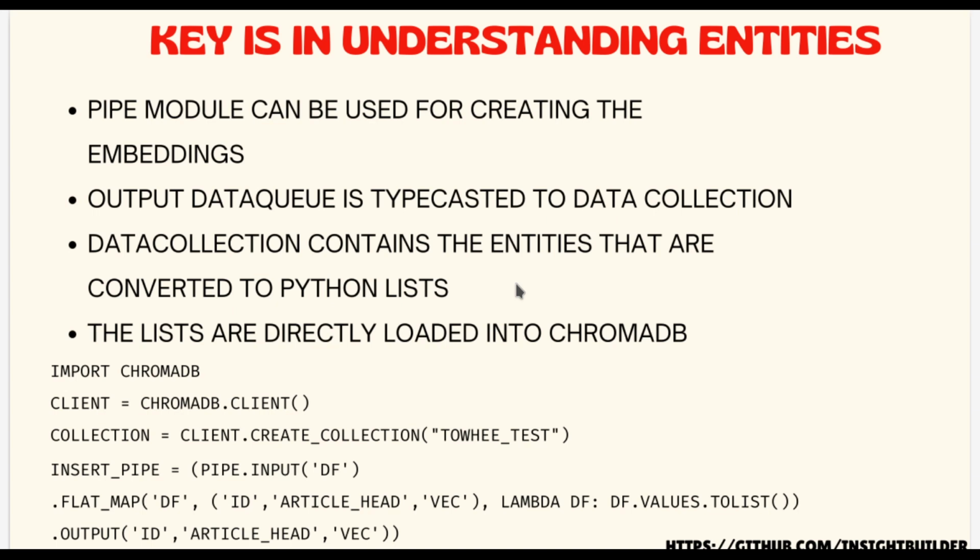And also the point I want to make here is, when you are working with ChromaDB, the idea of lists is very important, because ChromaDB takes the lists as a whole and then writes it inside its vector storage.